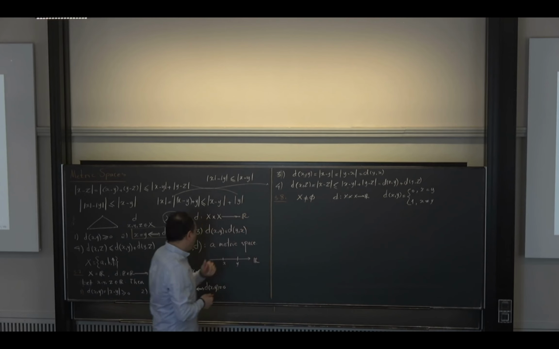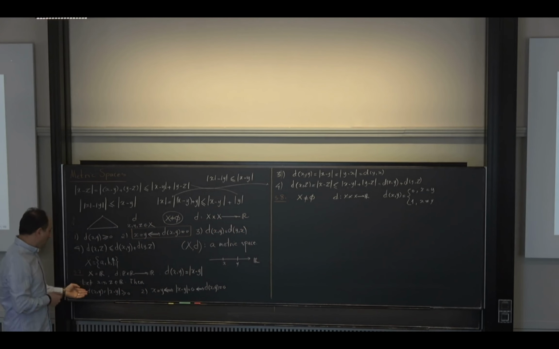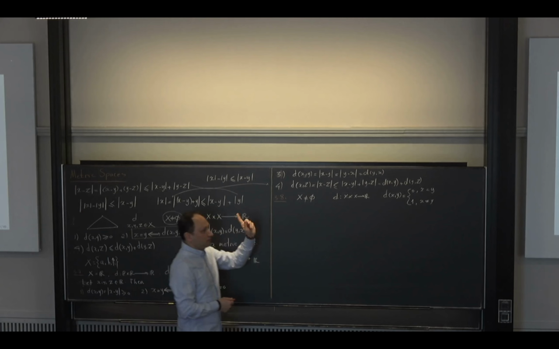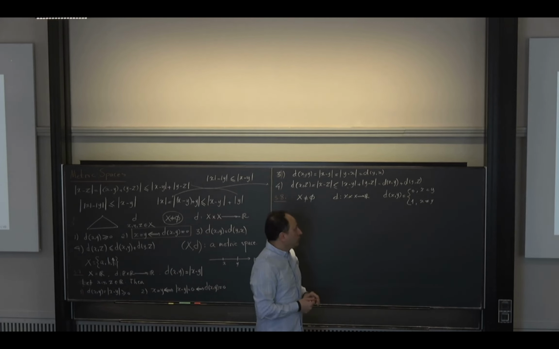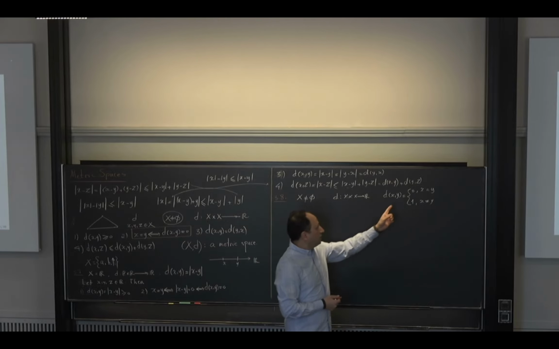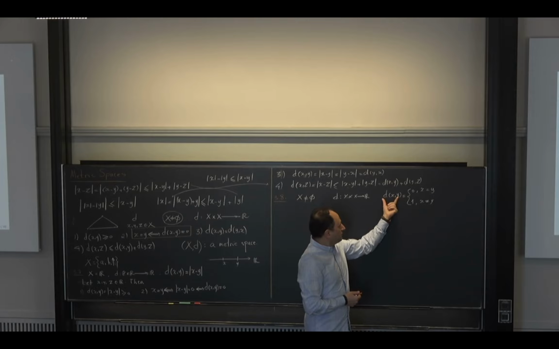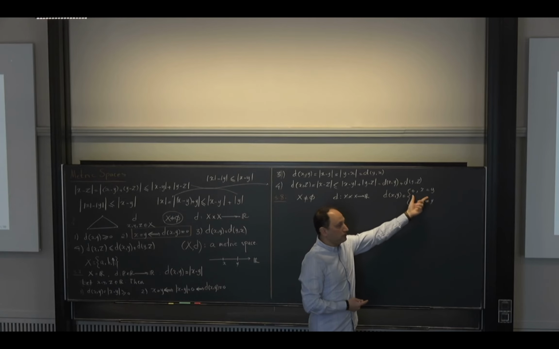For example, I have to check 4 axioms. Non-negativity is clear because I see by my eyes there are 2 outputs, either 0 or 1, so it is non-negative. Okay? Do you see that this is positive definite? Yes? Because this value is either 0 or 1. It is 0 if and only if x and y are the same.